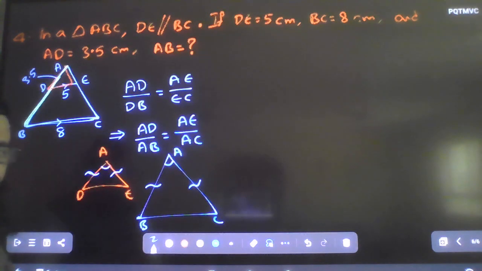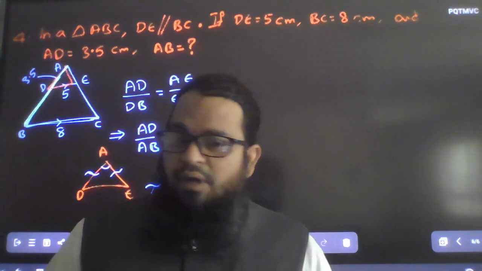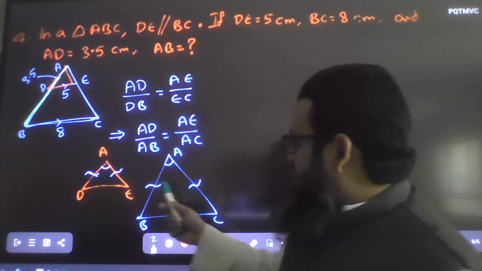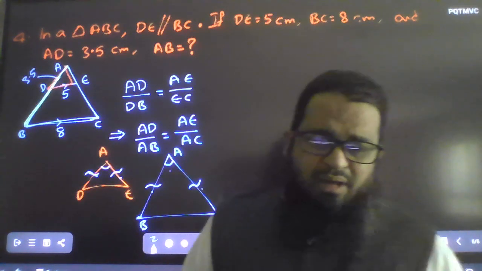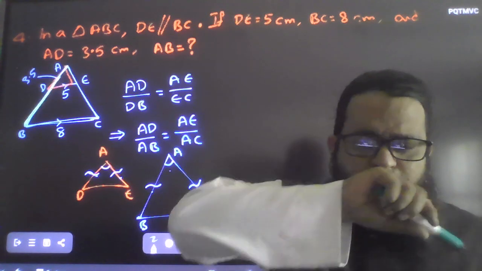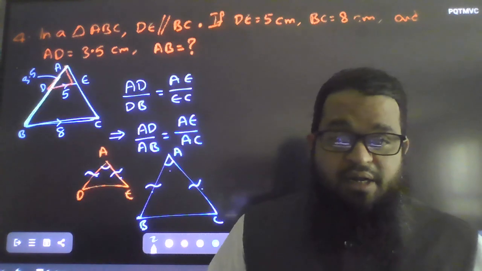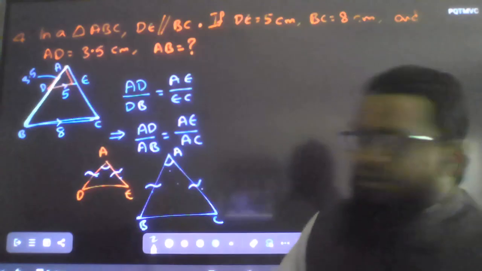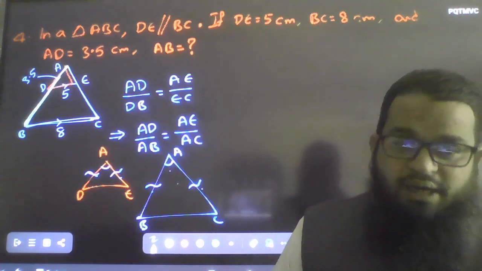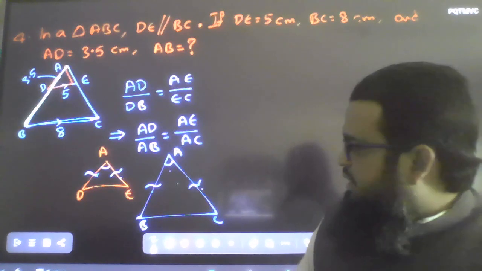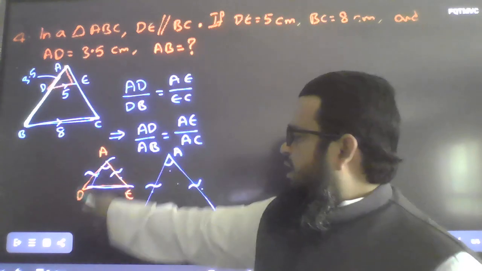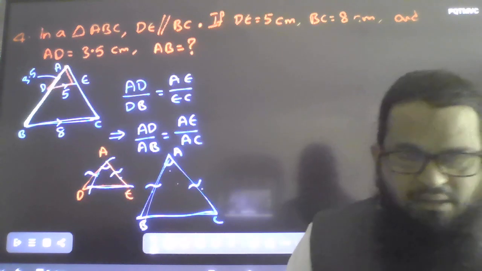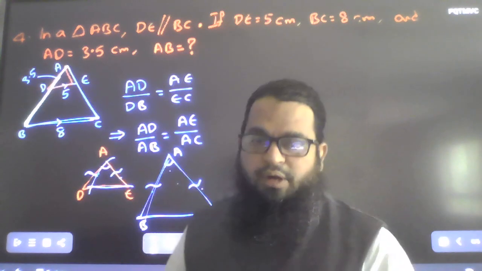So when you have two sides in proportion and the included angle equal, by the SAS similarity criterion, these two triangles are similar. Is it right? When these two triangles are similar, BE by BC is equal to AD by AB. Right? So this concept we are going to use.